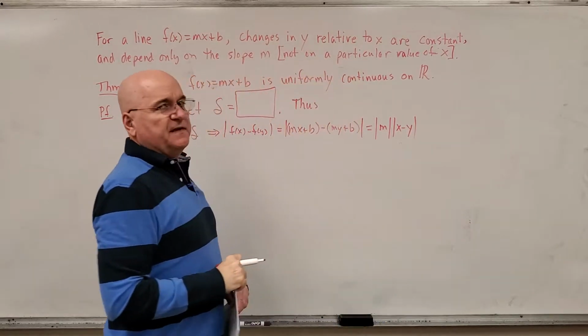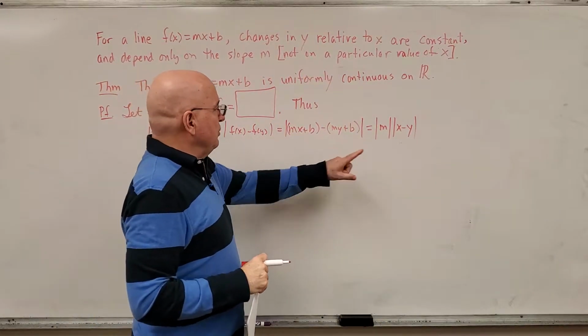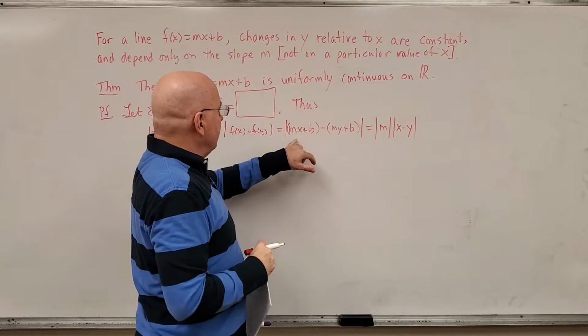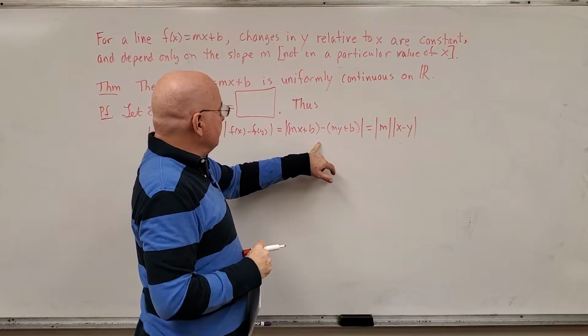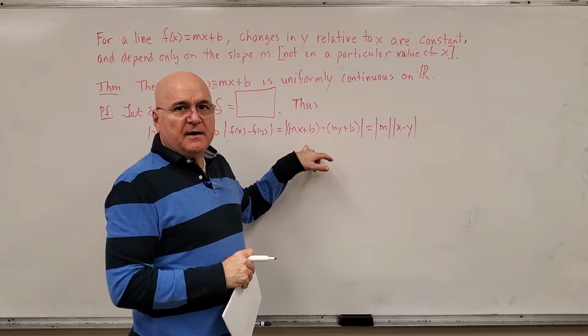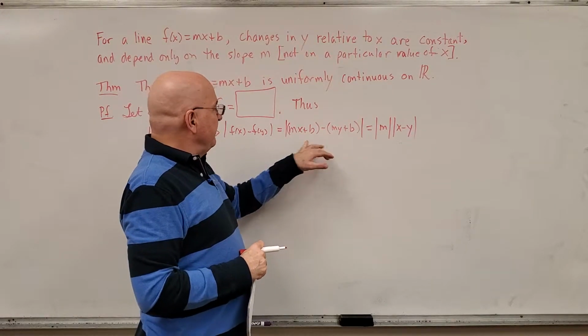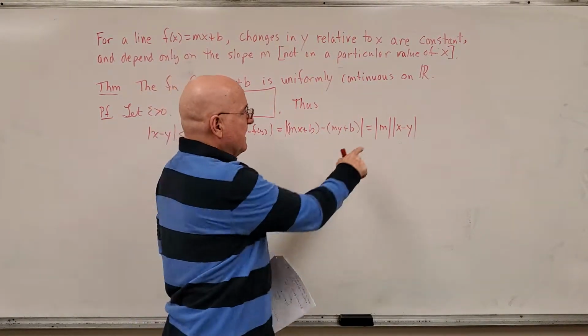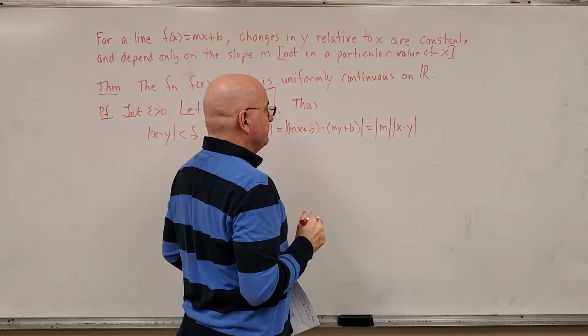Okay, I did a couple things in that step. If you don't like that, then work it out yourself. This simplifies in the absolute value to be mx minus my, and I factored the m out, m times x minus y, and the property of absolute values allows me to make this statement.